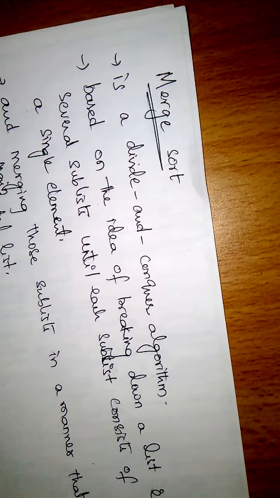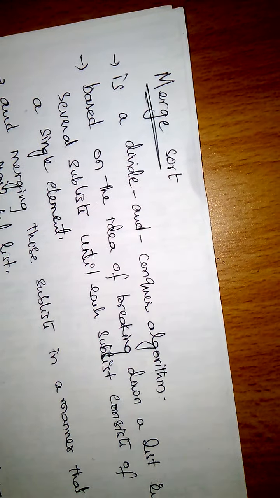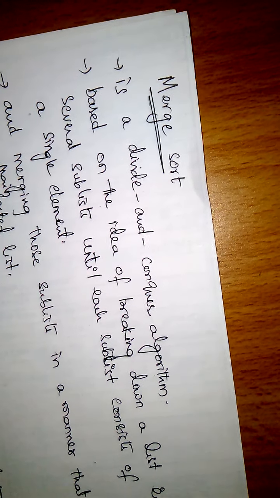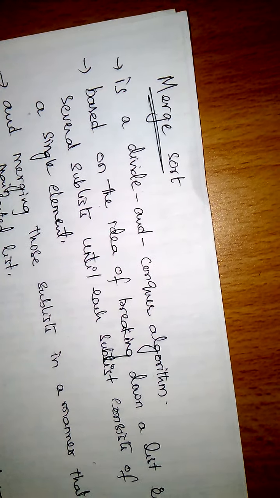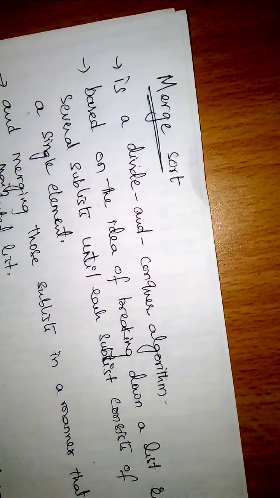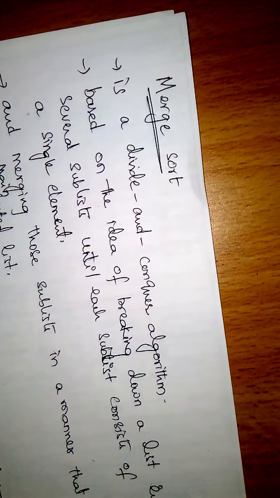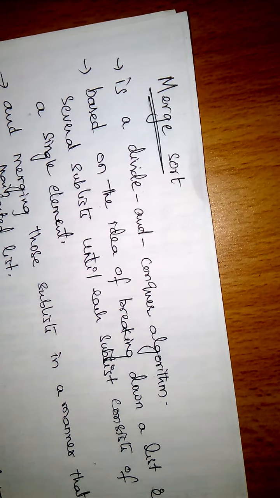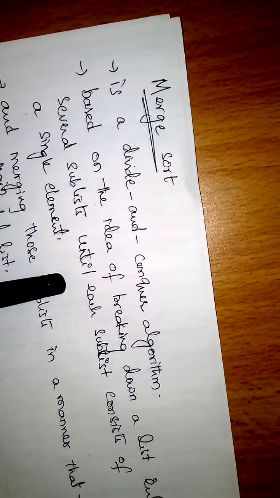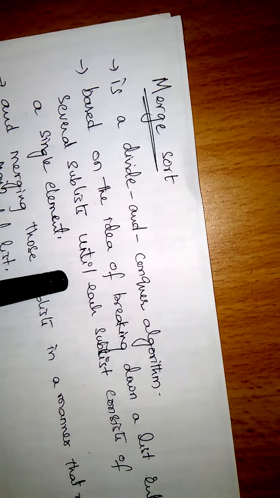That means the main idea in merge sort is breaking an array or a list into sublists recursively until a list contains only a single element. That is what we perform in merge sort.